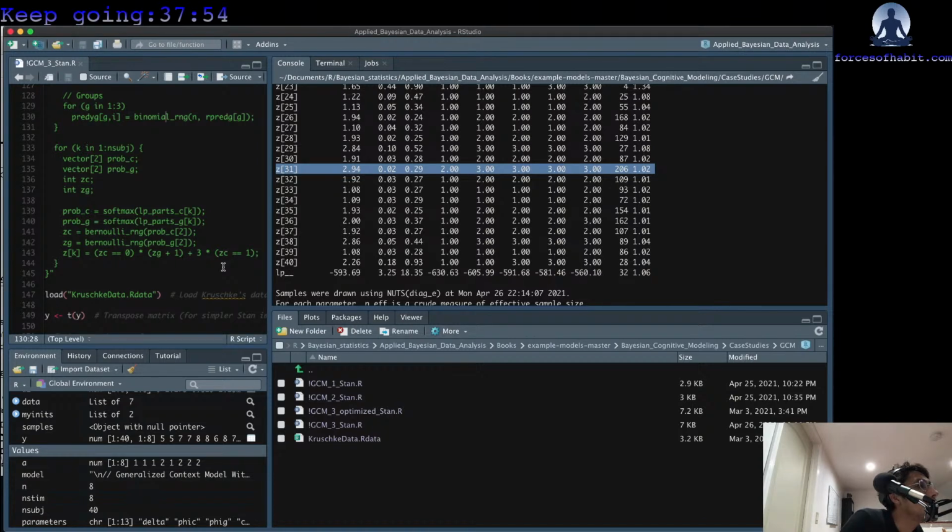If Z control is equal to 0, so they are not part of the control group, then G plus 1, plus 3 if G is equal to 1. So whatever group you're in, plus 4.